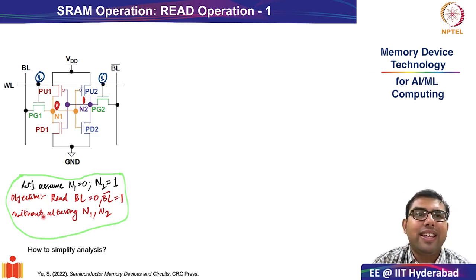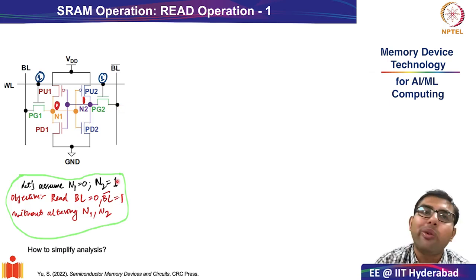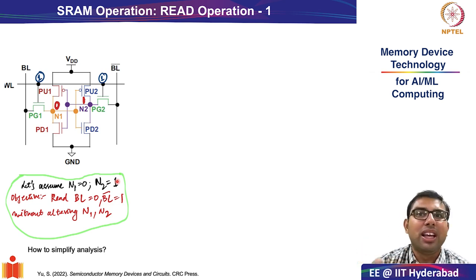So the ideal objective will be that once you turn on the pass gate transistors PG1 and PG2, bitline should reflect the value of 0 and bitline bar should reflect the value of 1. This is the ideal condition. This is the expectation. We will see that this will not really happen. Something more subtle is going to happen.